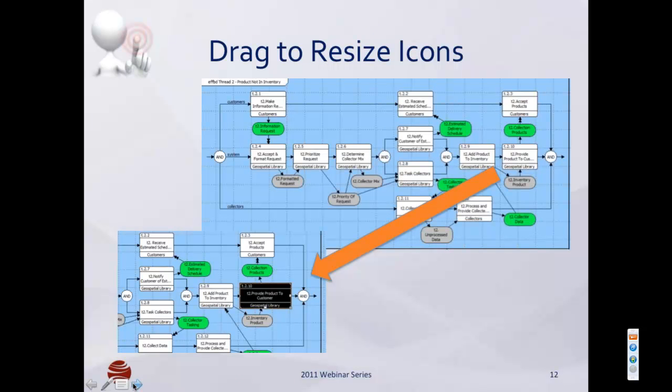Okay. Other changes that seem small, but if you're a Core user, you'll note that the graphics come out about this size right out of the box. And you often get text like here, you can see "provide product to customer." Well, that's obviously cut off. To change that, you'd have to go into the template for that icon or for the class and expand that by increasing the pixel width and height. Well, now, of course, there's drag and drop. There's resize to fit. So you can grab one of the corners and drag it vertically or horizontally to stretch those out.